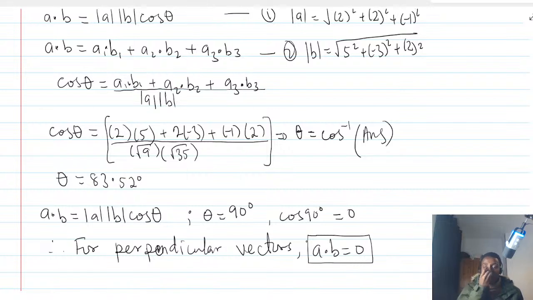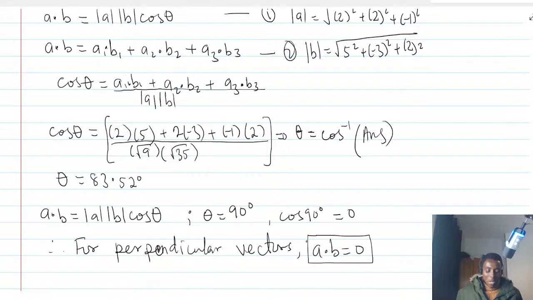So sometimes they can give you a question and they will say that find vector A, maybe find the component of the other vector, given that this vector is perpendicular to that one. So it is you that you have to know that if it is perpendicular, then the dot product will be 0. I hope the concept is clear.